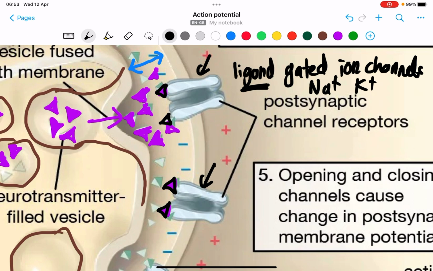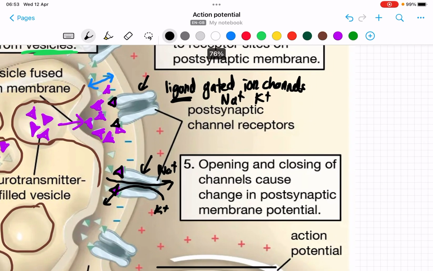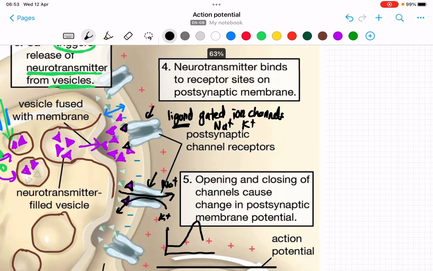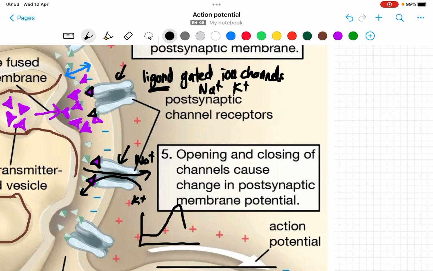If you look carefully, the K plus will diffuse out while sodium ion will diffuse in. So the movement is related to the graph when depolarization happens. More sodium will move into the postsynaptic membrane and it is going to cause depolarization on the postsynaptic membrane. So action potential will arrive at the postsynaptic membrane.